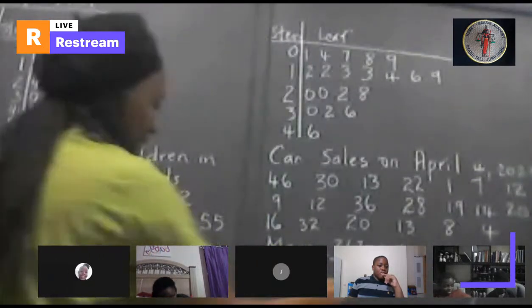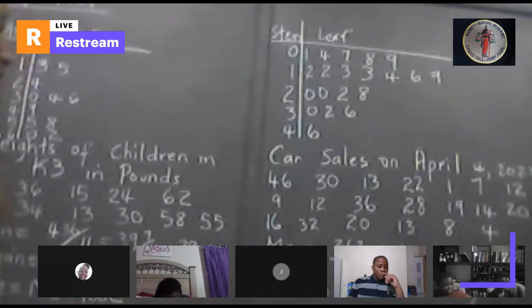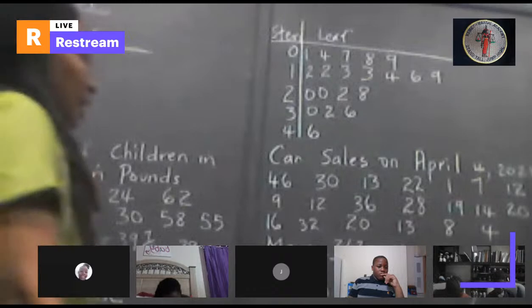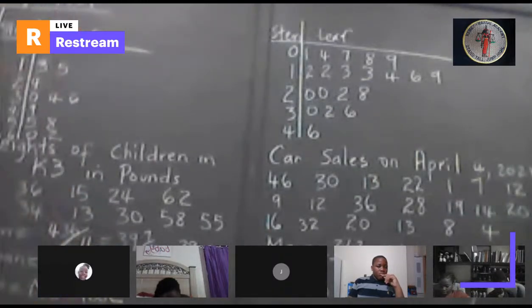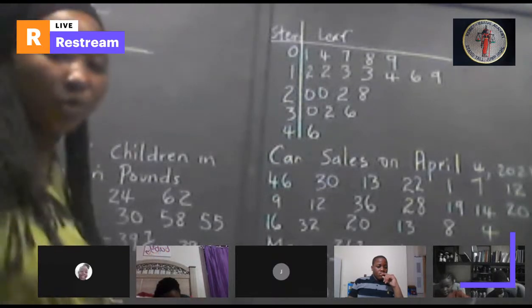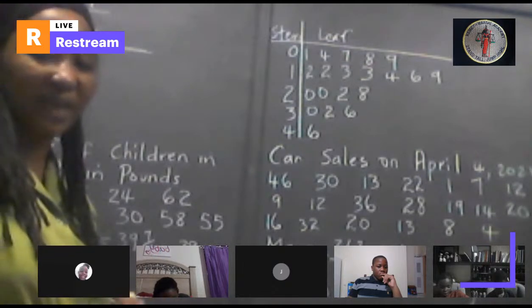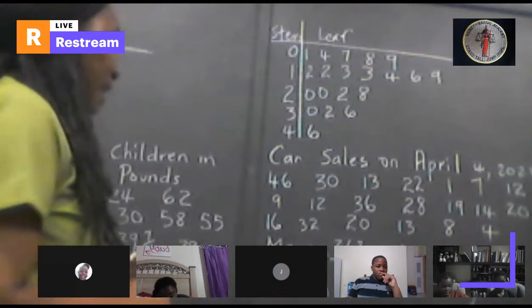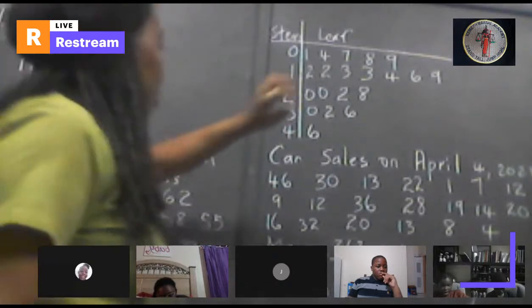The median, or the middle number: it's 20 numbers, so 2 numbers will fall in the middle. We should have 9 on one side, 9 on the other side, and 2 numbers in the middle. Then we add those 2 numbers and divide by 2, because it's an even set.